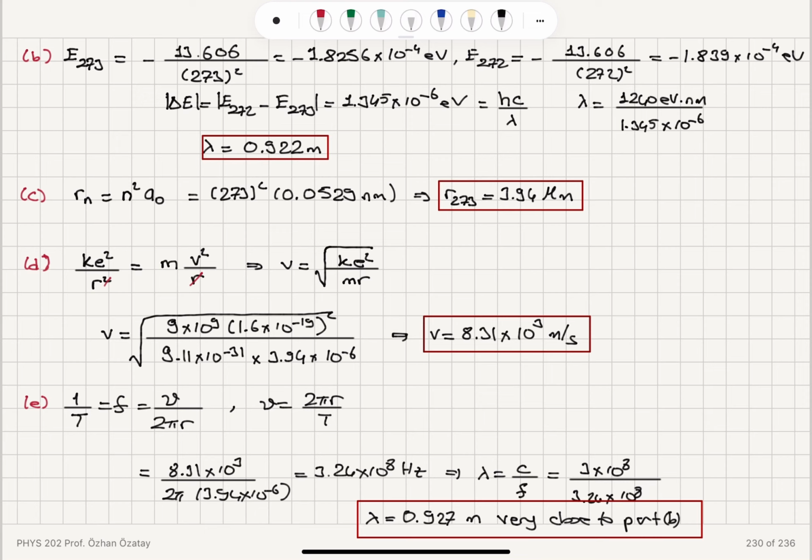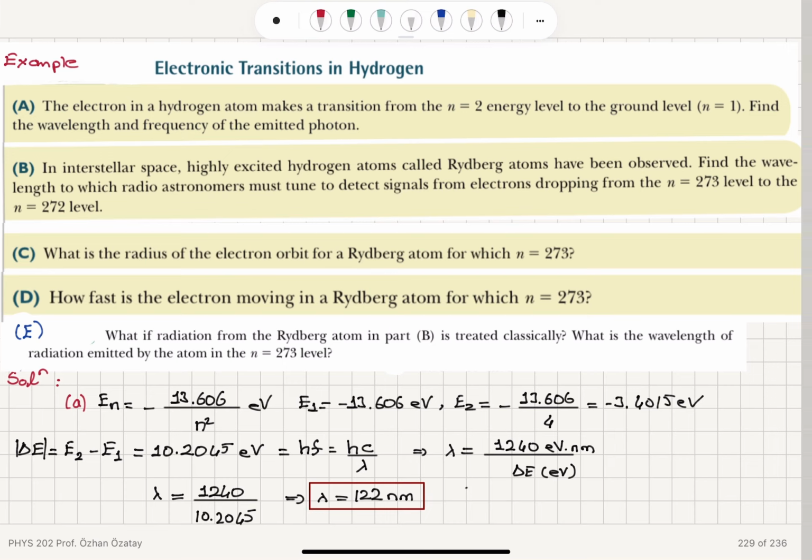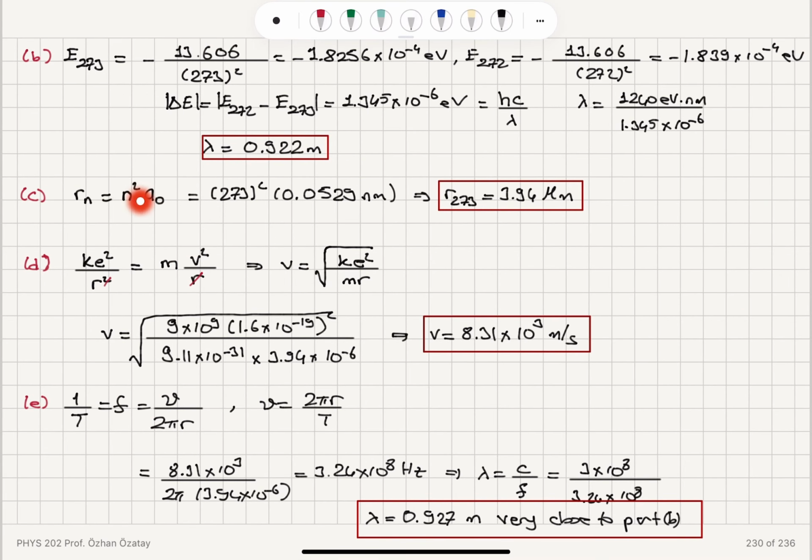And for a highly excited Rydberg atom, this energy difference is quite small, and the corresponding wavelength using this formulation is very high. It's almost a kilometer. The radius of the electron orbit is found using n² times a0, the Bohr radius, which is 0.0529 nanometers, and that gives us our answer, 3.94 micrometers.